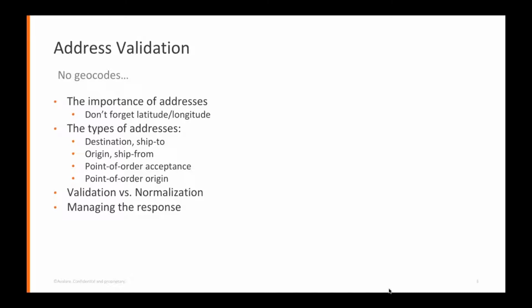In our normalization efforts, we will return the zip +4 in the normalization response. And actually it's a very good question. So first of all, yes, that is important for us, but we will provide assistance in determining what is the accurate +4 or the full zip9 U.S. postal code. And part of that comes in the next section here is managing the response.